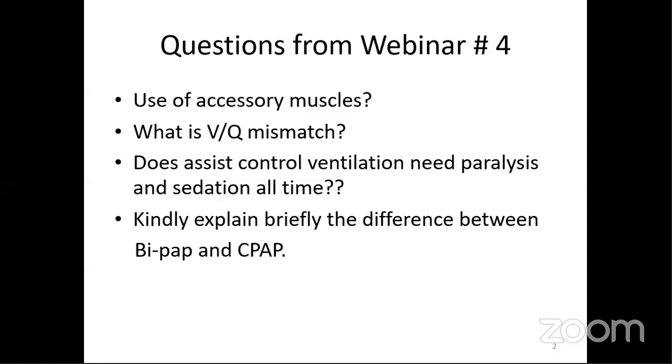What is VQ mismatch? Imagine two waterways where two fluids are running side by side. One of these is oxygen and the other one is blood. Whenever oxygen goes to any particular part of the lung, the blood carries it away to the rest of the body. But as the blood is being pumped against the force of gravity, the further away the blood is from the heart, the less it is going through that particular organ.